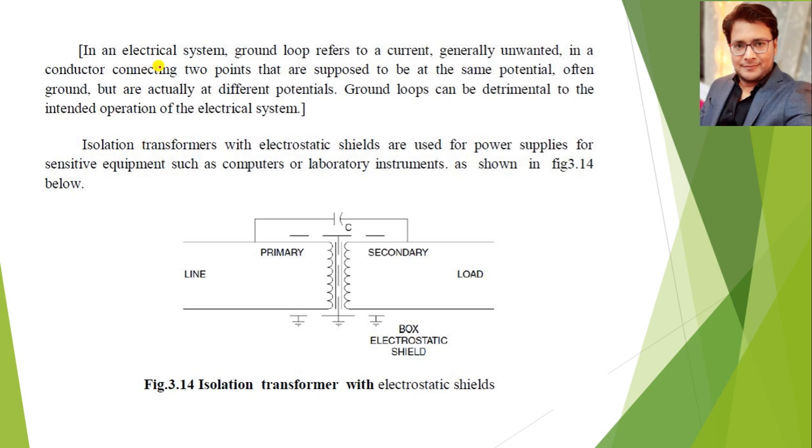In an electrical system, ground loop refers to a current, generally unwanted, in a conductor with two points that are supposed to be at the same potential, often grounded, but are actually at different potential.